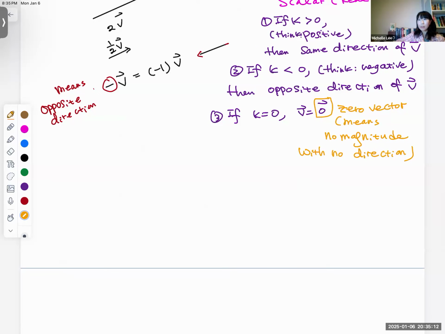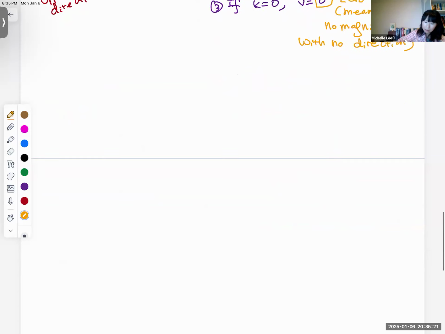Okay, so let's talk about the vector sum and vector difference. So, vector sum.